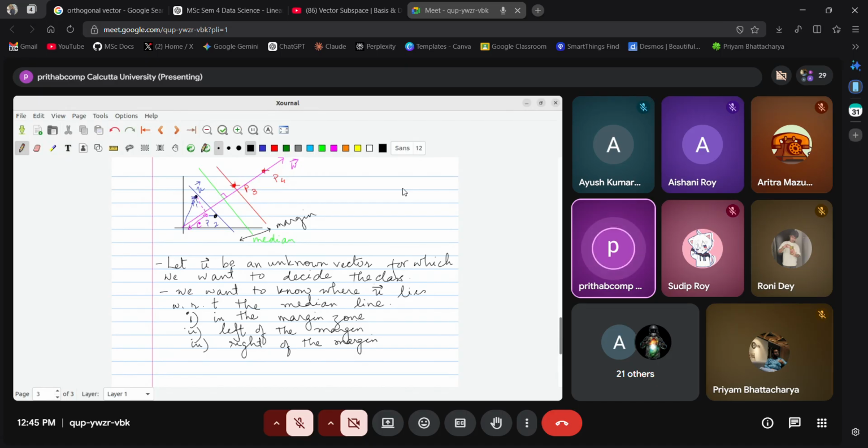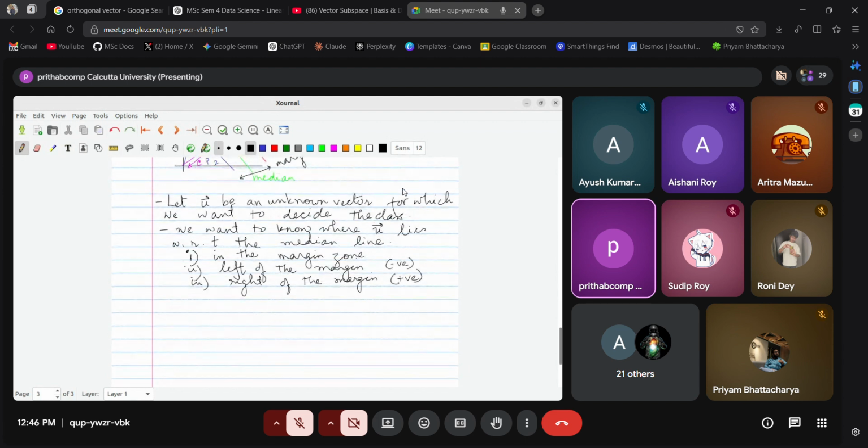The left of the margin is basically your negative class and right of the margin is your positive class. So that is how I have defined my left and right. Now, to know where U lies with respect to this median line, in the margin zone, left of the margin or right of the margin.